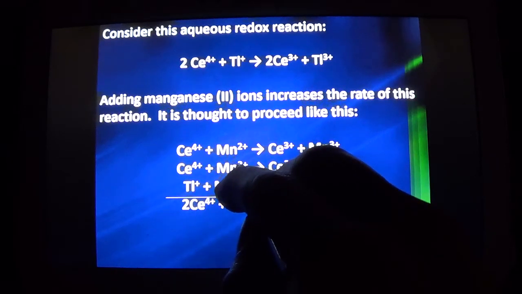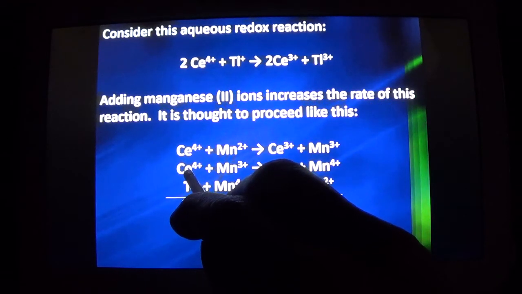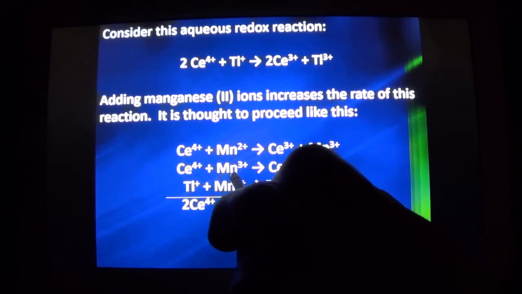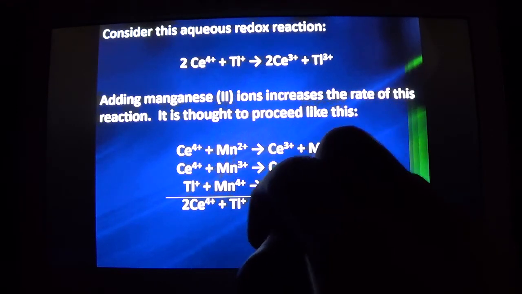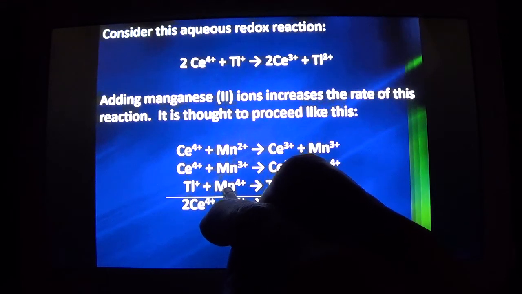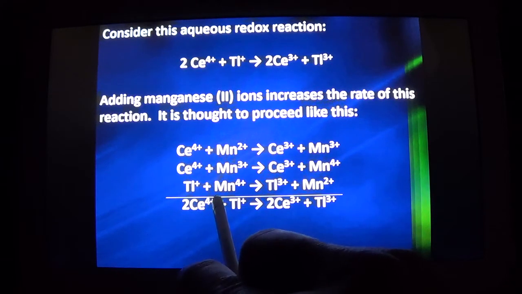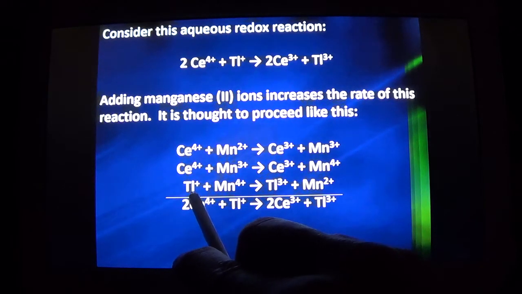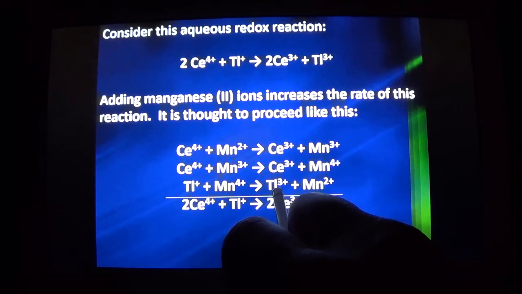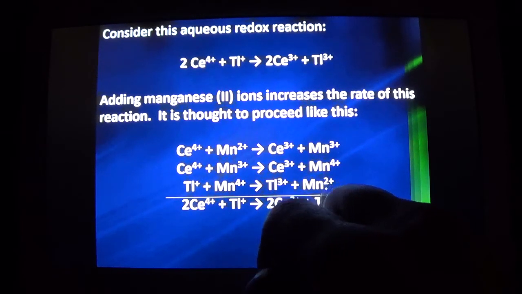And then a new cerium reacts with that already used manganese and grabs some more electrons as well. Then that doubly used manganese is going to collide with thallium, and those two electrons from thallium are going to go back to manganese.